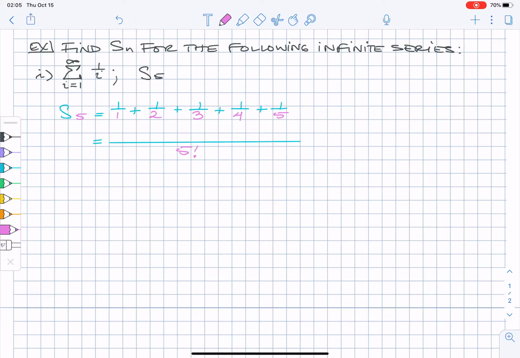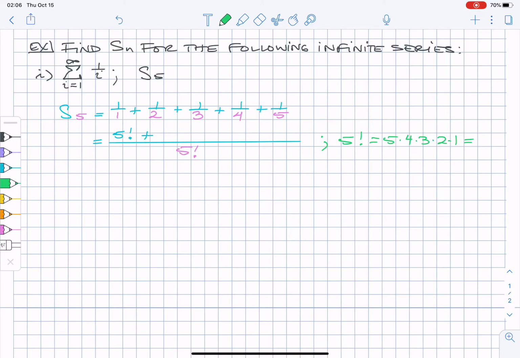So what is missing? 5 factorial divided by 1 is 5 factorial. So the first term is 5 factorial. Plus the second term is 5 factorial divided by 2. Well, what is 5 factorial? Off to the side, 5 factorial is going to be 5 times 4 times 3 times 2 times 1, or vice versa.